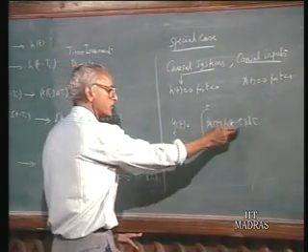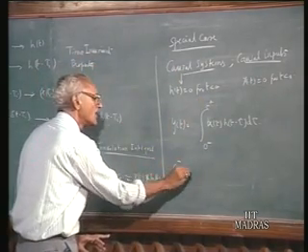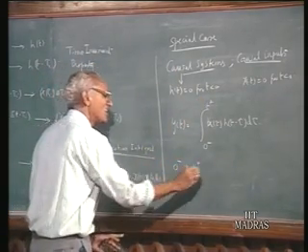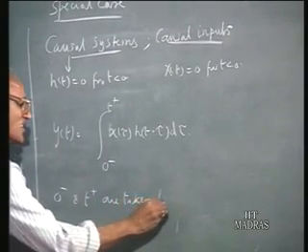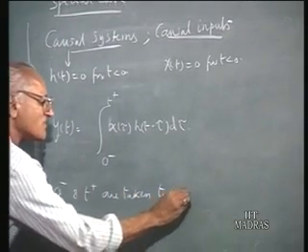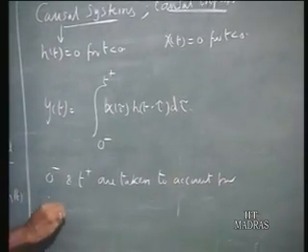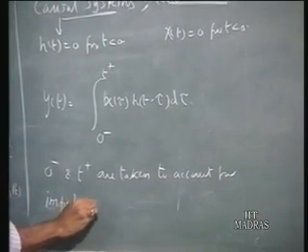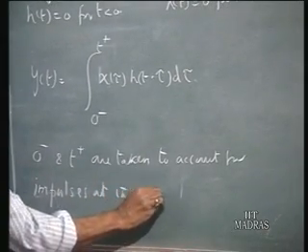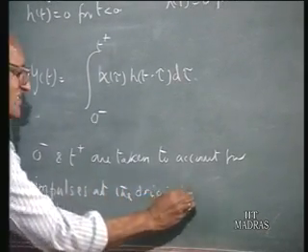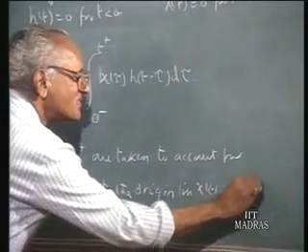Therefore to take that into account, you can take the upper limit to t plus. So 0 minus and t plus are taken to account for impulses at the origin in x of t on one hand and h of t on the other.